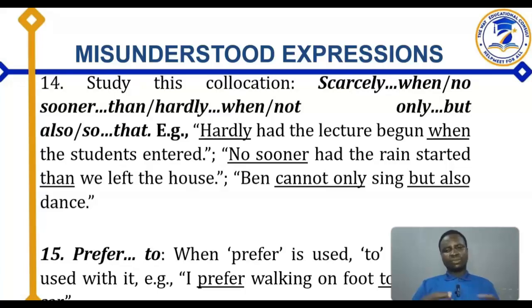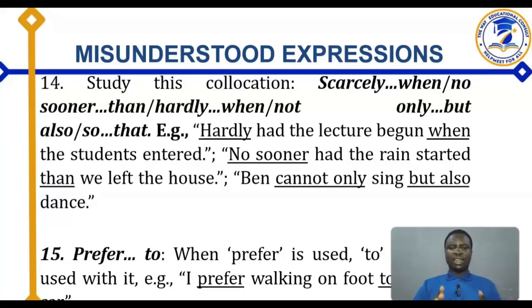Next one, which is also projecting the collocation, is prefer. When you prefer something and then you want to compare it with another thing, you are going to use to, not than. Again, take note of that. So you have something like, I prefer walking on foot to driving a car. Although this is a poverty mentality.